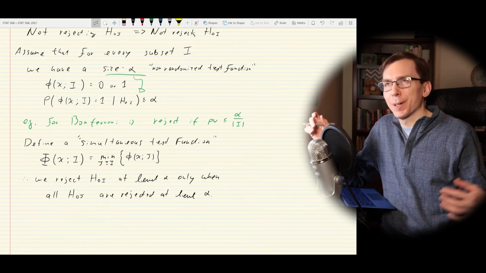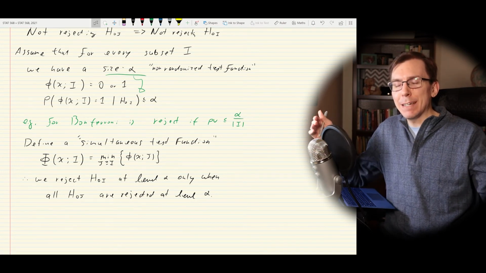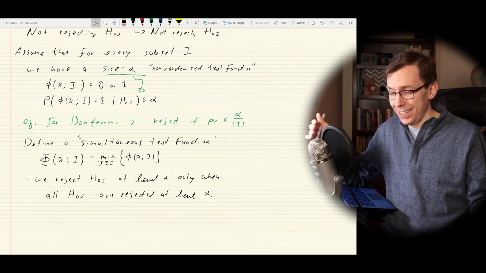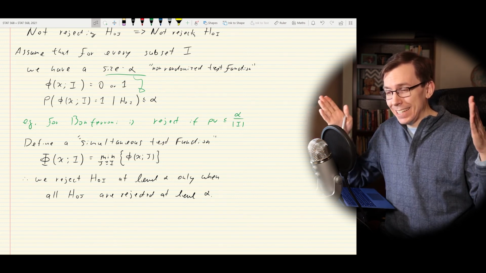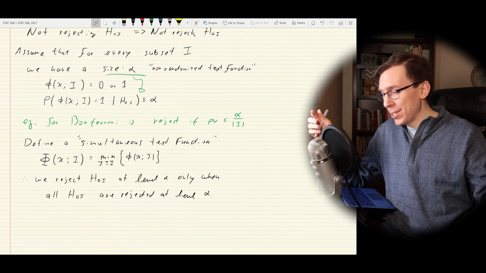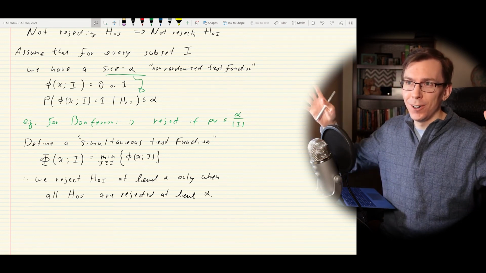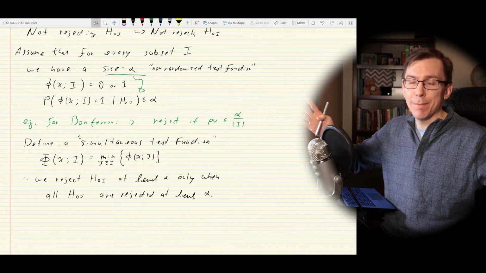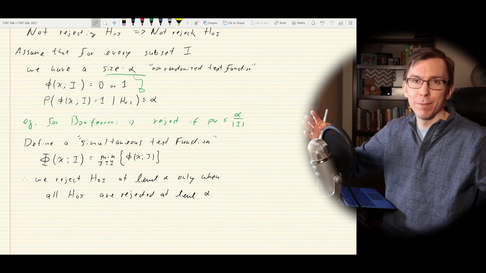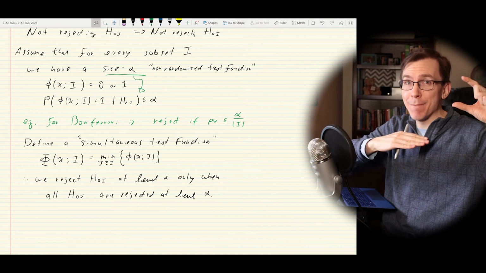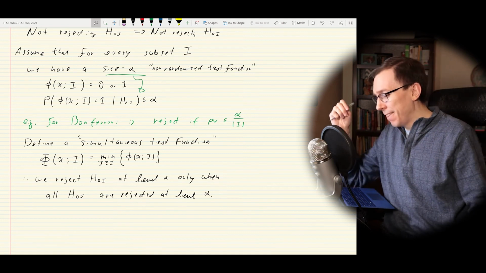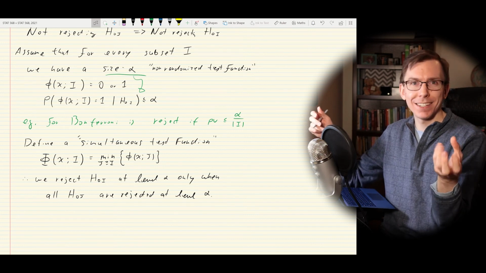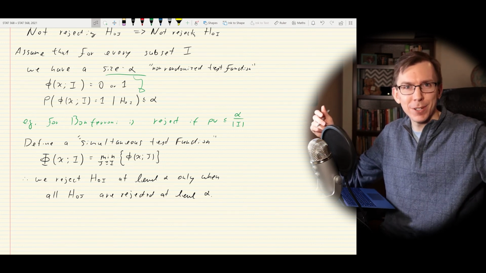So in some sense, if we were to think about this in the stepwise approach of Holm's method that we already did, the idea is that we start with, in some sense, all of the hypotheses, all m of them, and if we apply Bonferroni to all m of them, we take alpha and we divide by m, right? And then we would reject that simultaneous hypothesis. We throw out the smallest p-value if we reject.